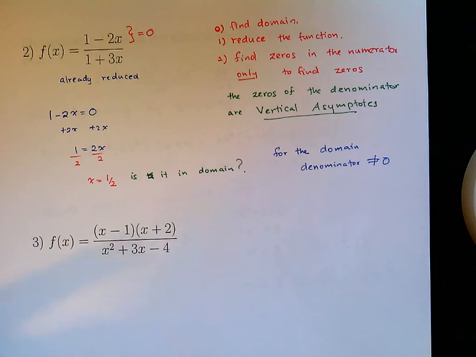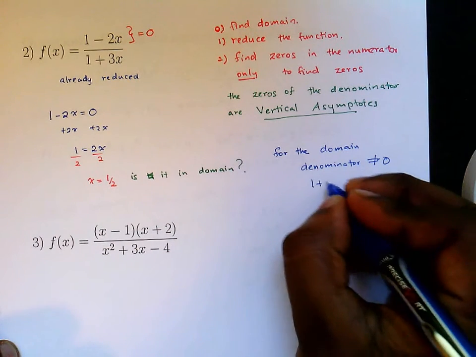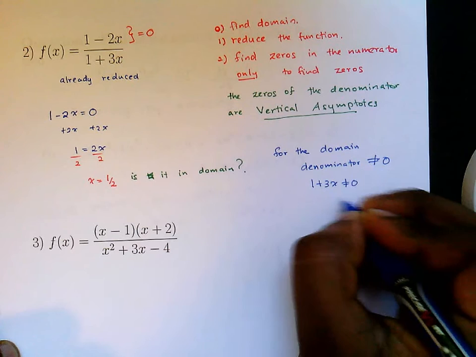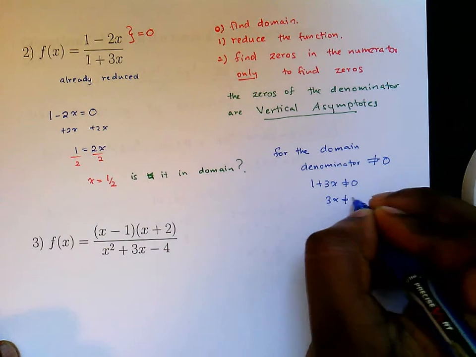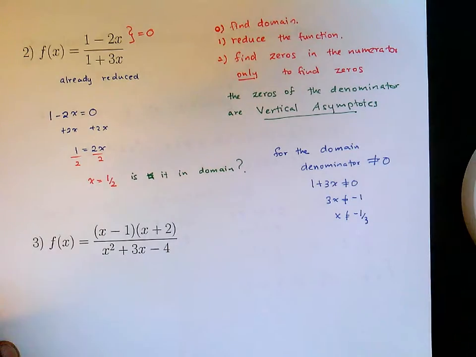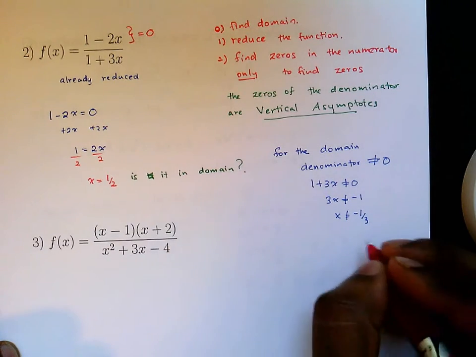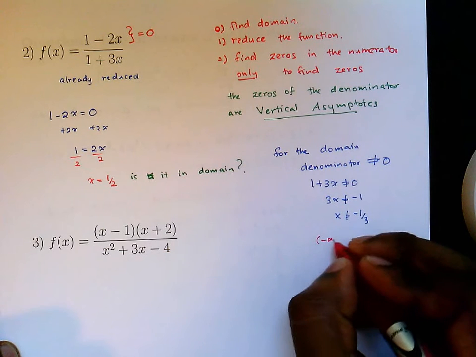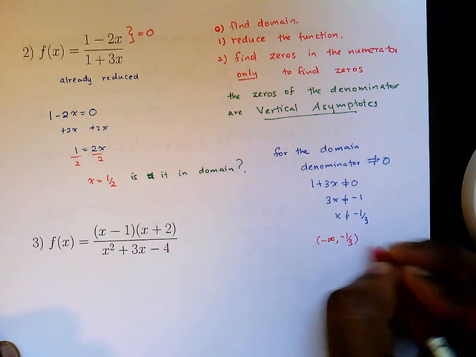So now we are not setting things to 0, we are setting things not equal to 0. So 1 plus 3x not equal to 0, so 3x not equal to -1, so x not equal to -1/3. Anything not equal to -1/3 is in the domain, or you can use interval notation to show that.